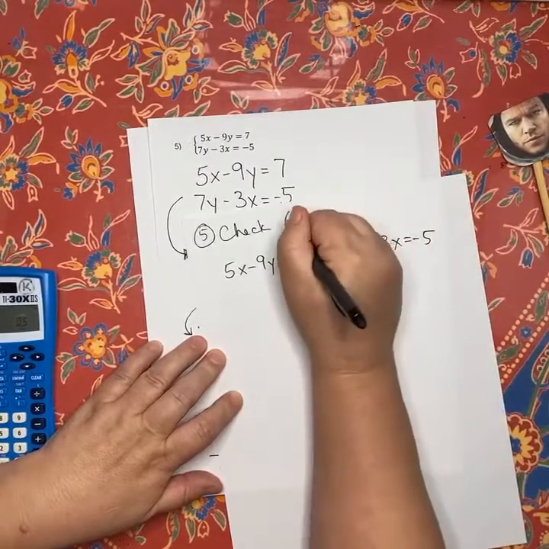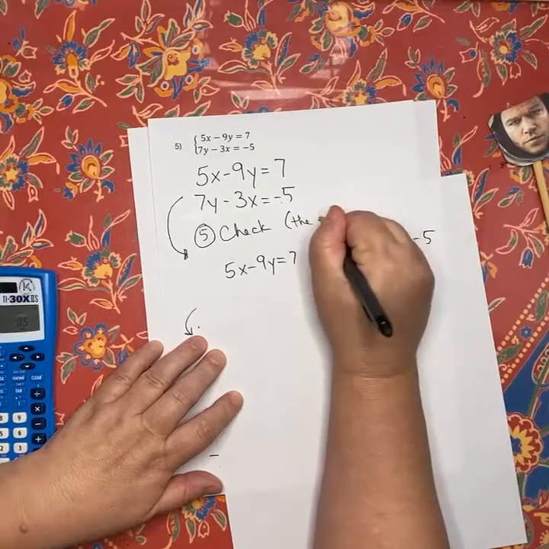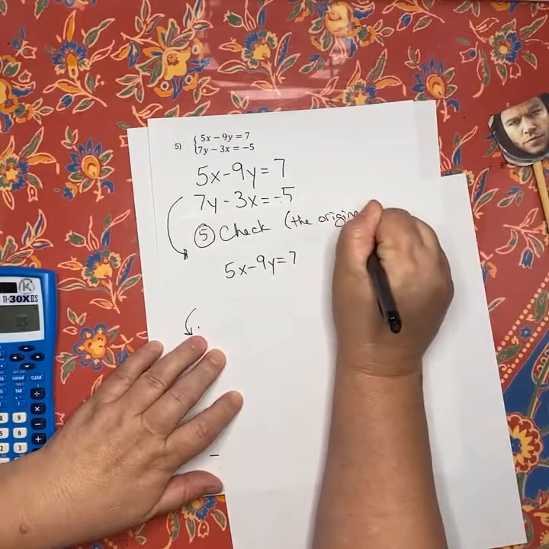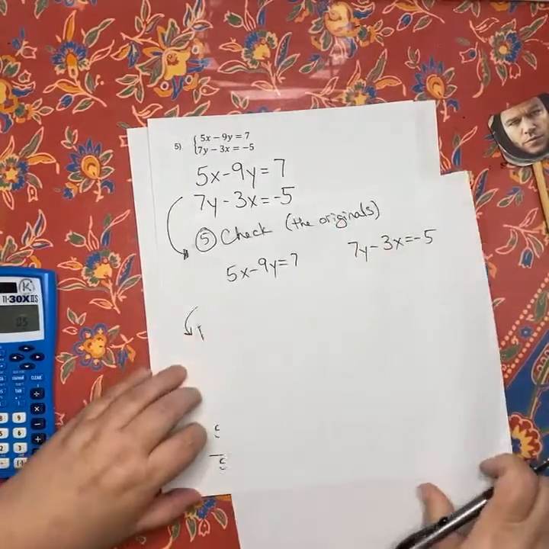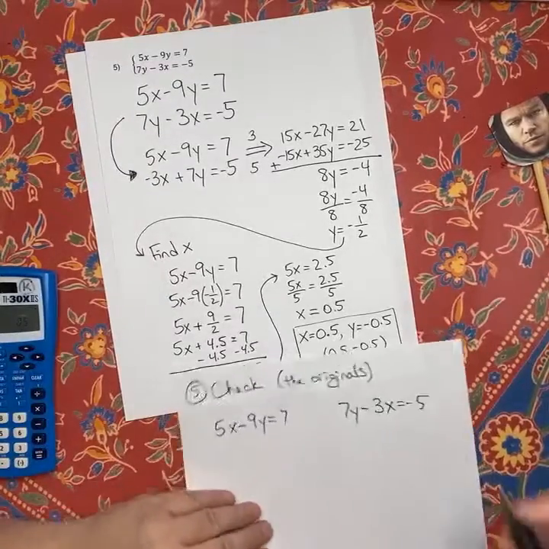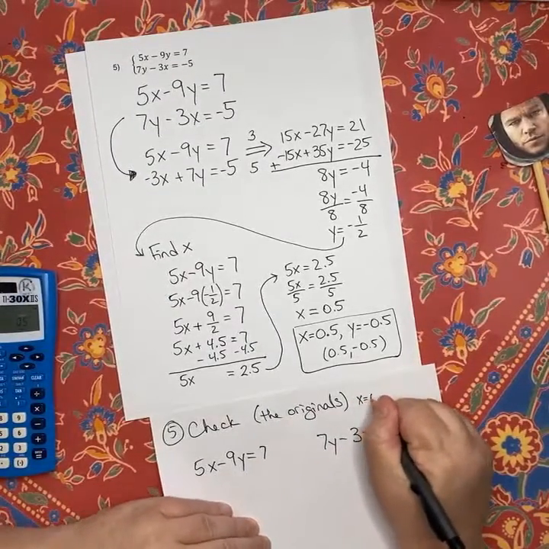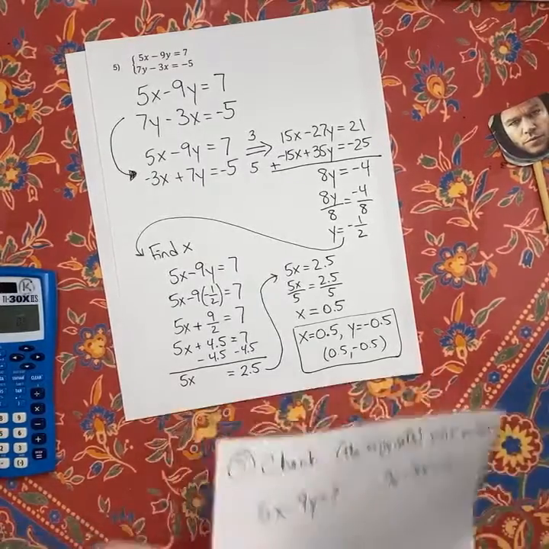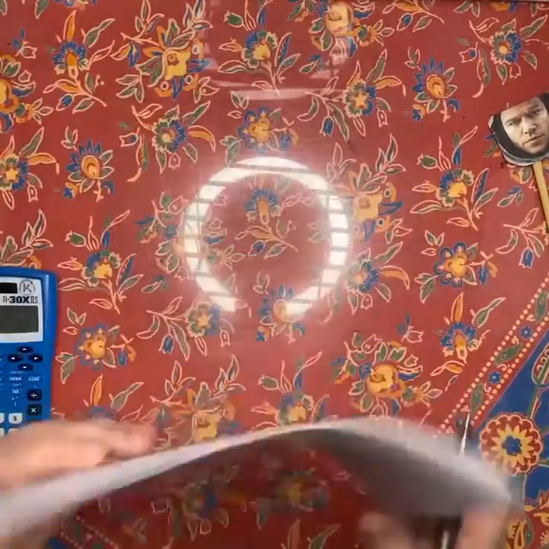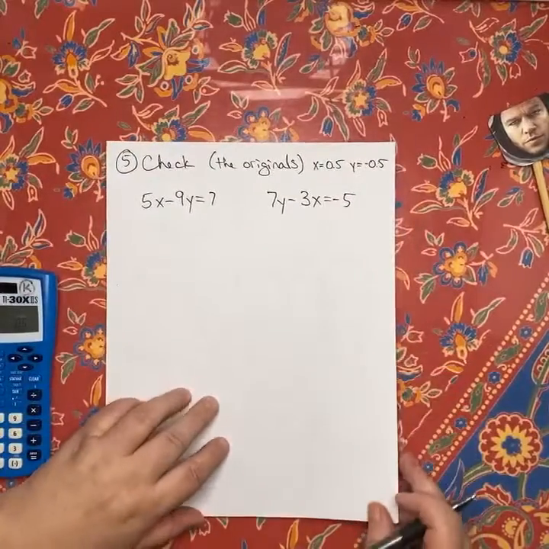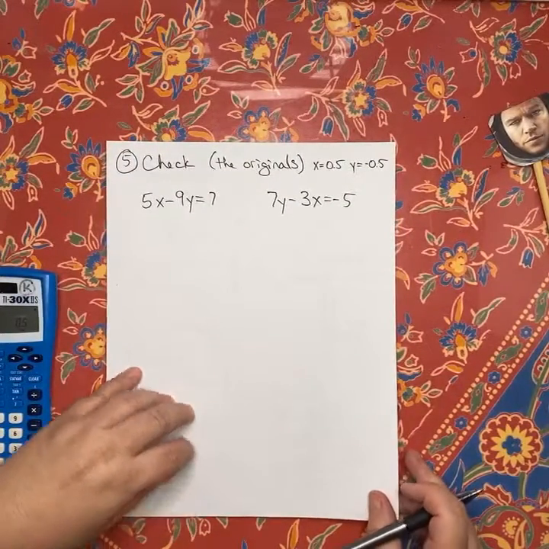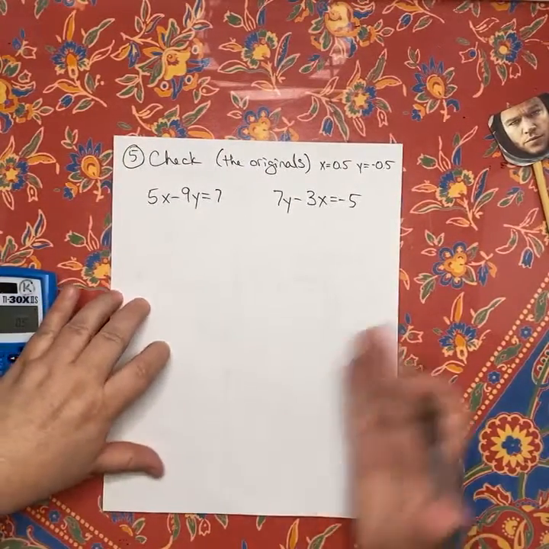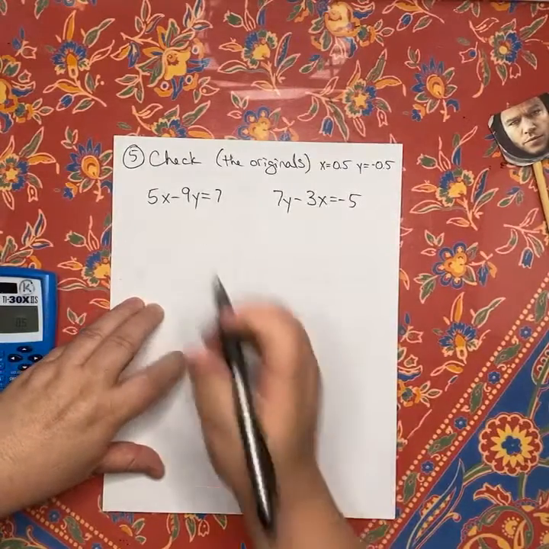Remember, you always check the originals. Always. Because you never know when you might have made a mistake. And you've got x equals 0.5 and y equals negative 0.5. And it is perfectly fine. If you prefer, if you're like, wait, I'm up for some fraction shenanigans, go for it. Do the fractions. You will end up with the same results.